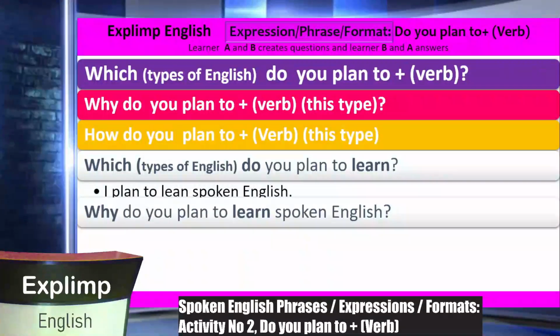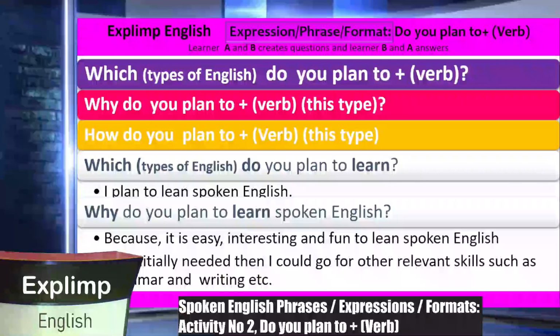Well, the answer is because it is easy, interesting and fun to learn spoken English. Like, it has no hurdles, no problems. I could learn it easily, right? And the second reason is it is initially needed for me. And after then I could go for other relevant skills such as grammar and writing, reading, etc. Okay, good. I've got it.